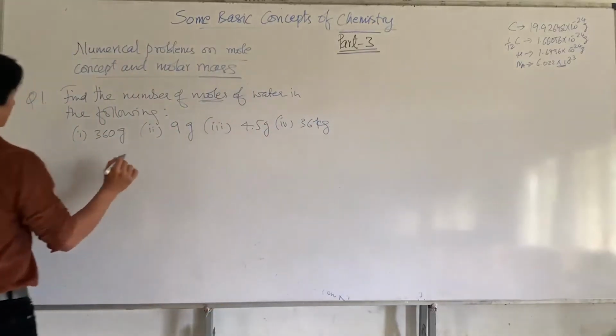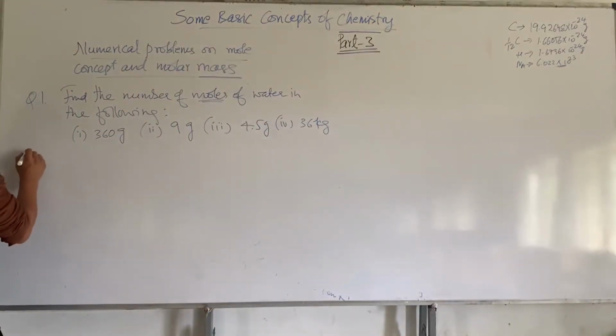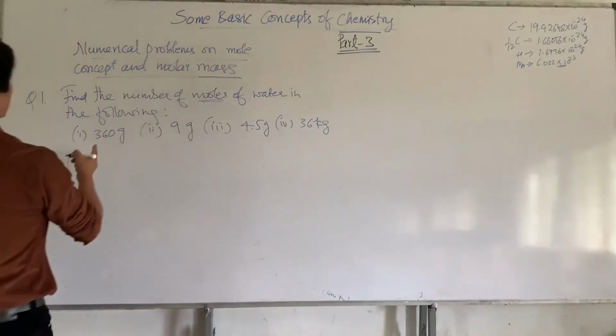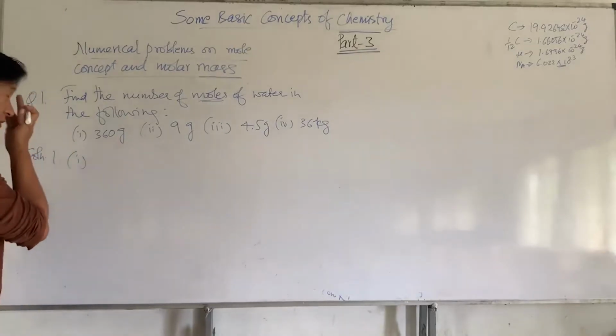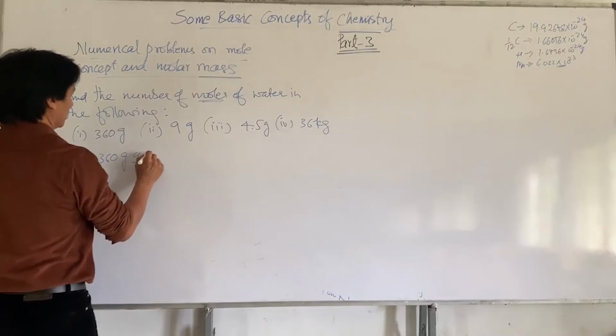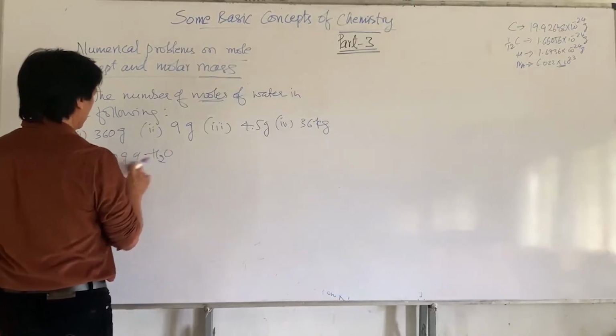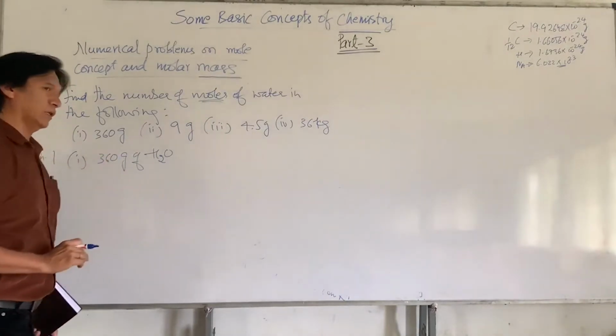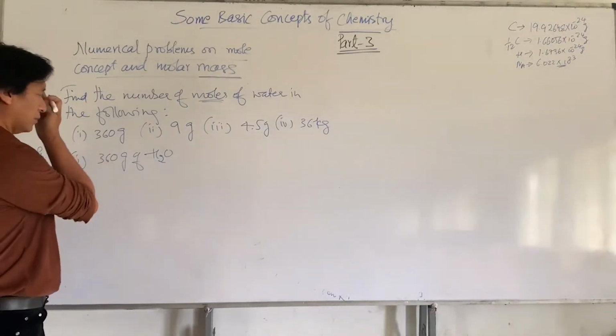Okay, that's it. Now, let's work it out. Solution number 1, the first one, you are given 360 grams of water. Now, in 360 grams of water, how many moles of water are there? This is what you're supposed to find.